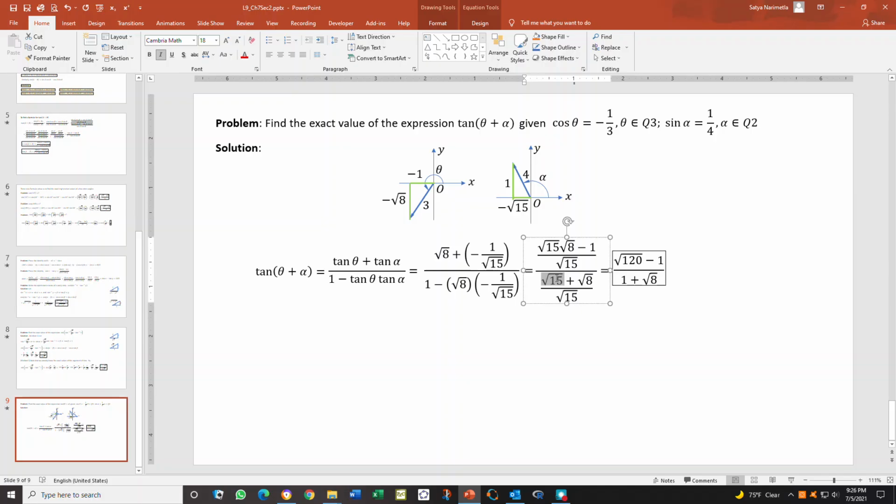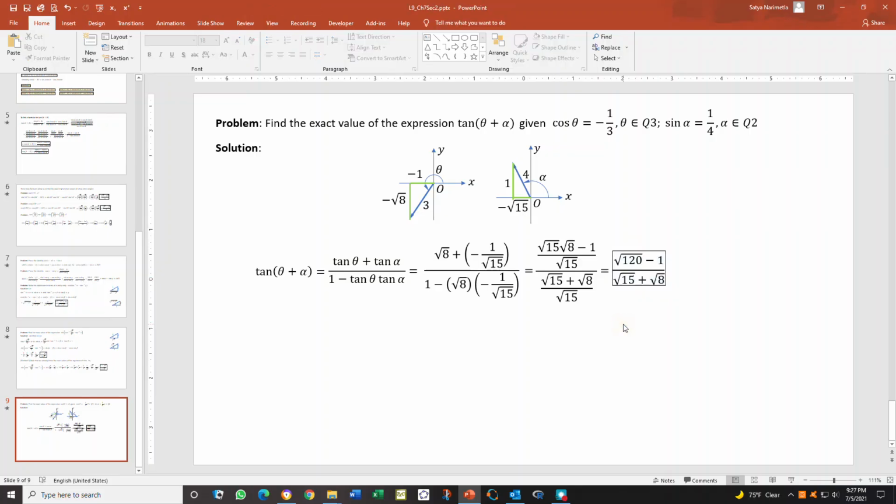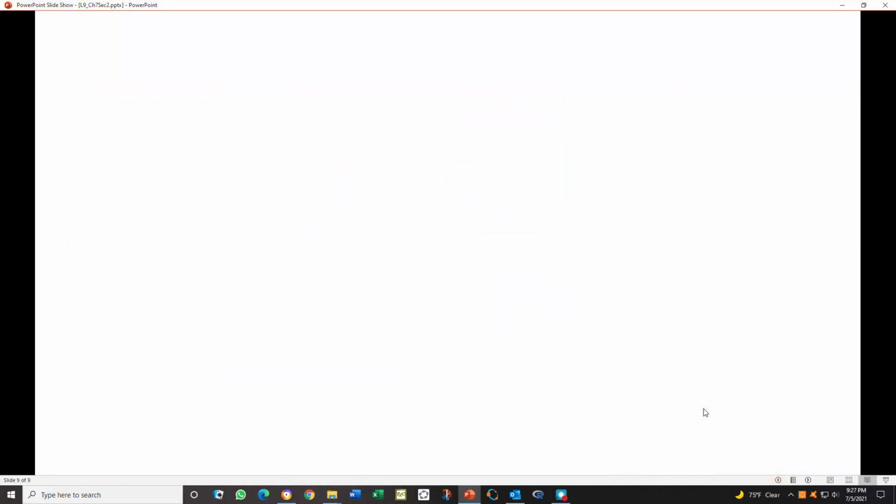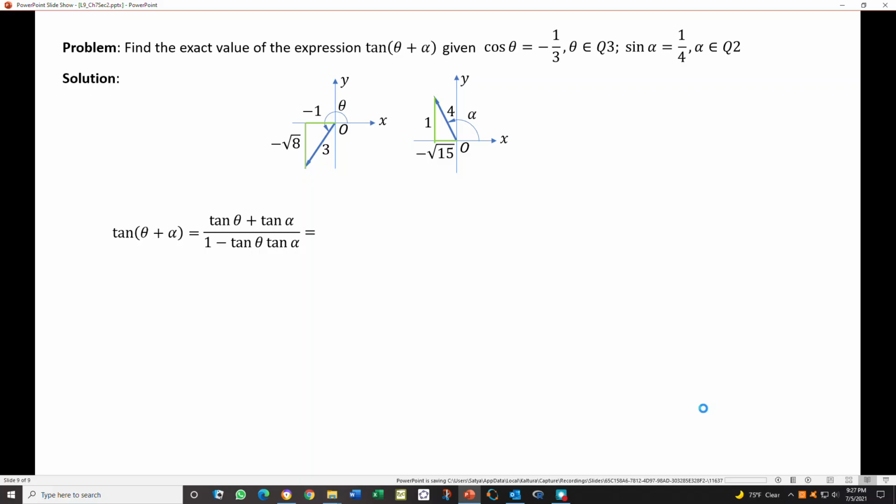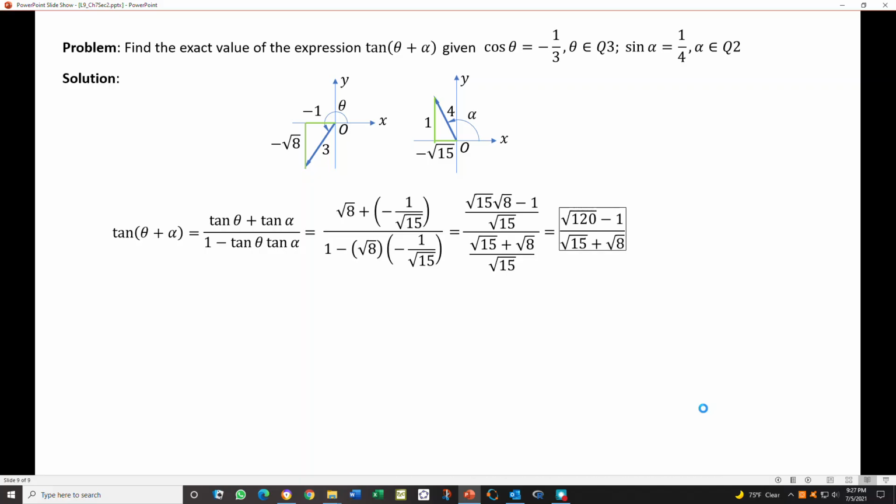So this is going to be square root of 15 plus square root of 8. That was not on the numerator.